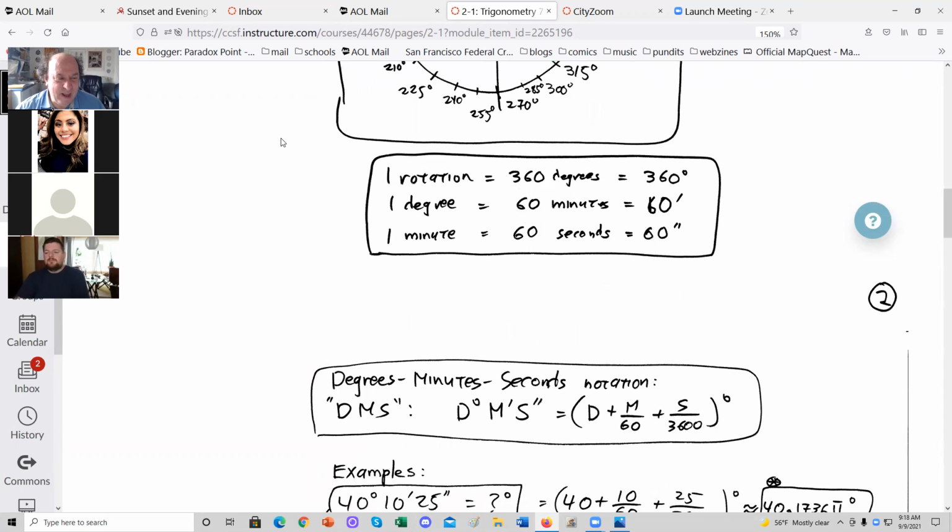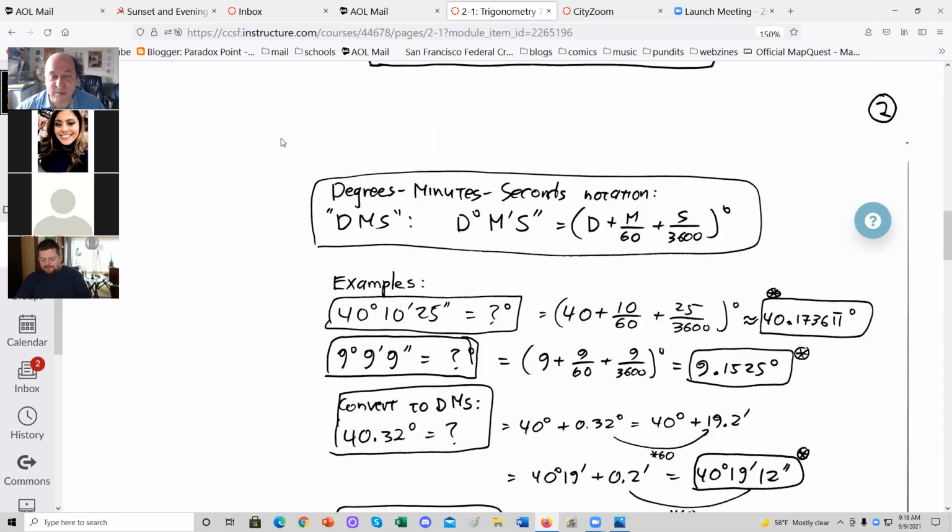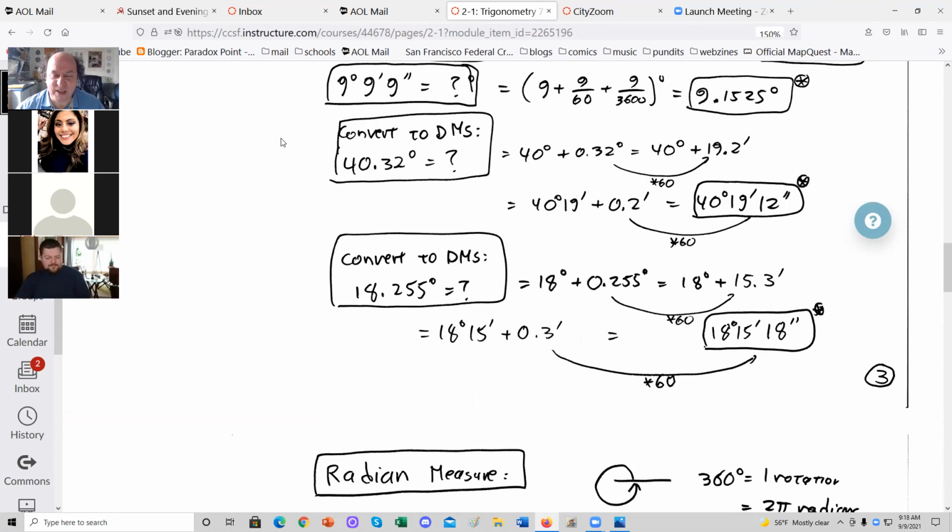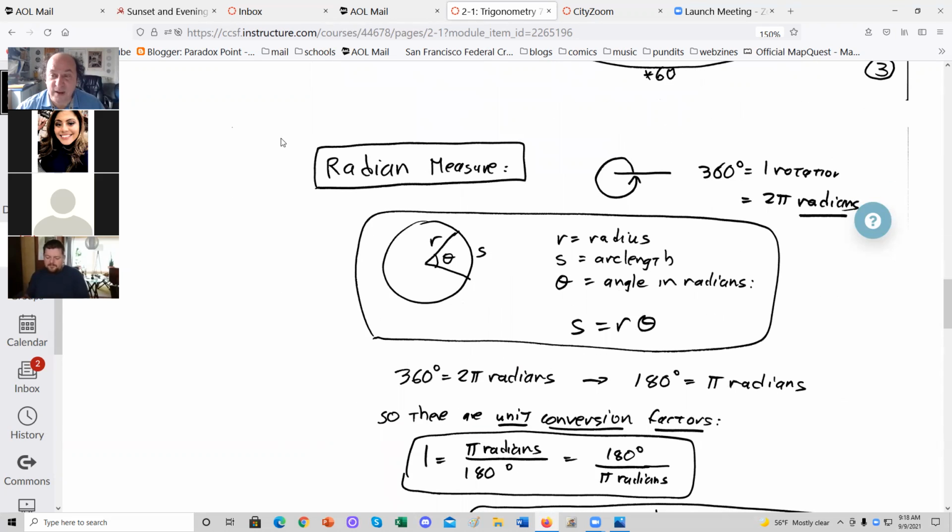But I think it would be nice if, as mathematicians, we had something that is in some sense natural to the geometric figure and doesn't depend on our cultural decisions. So, to that end, they created something called radian measure. Here's the idea.